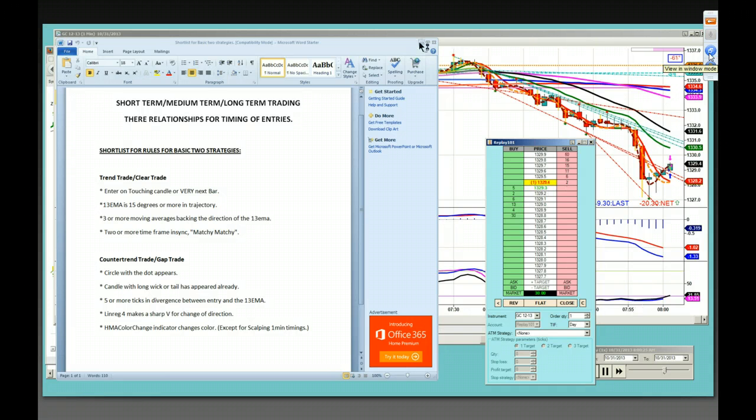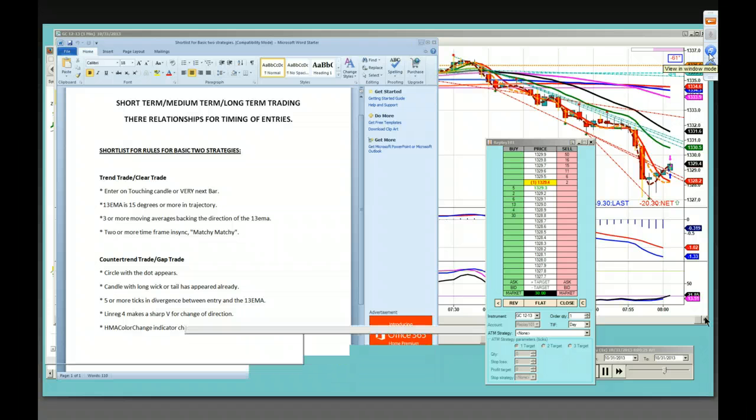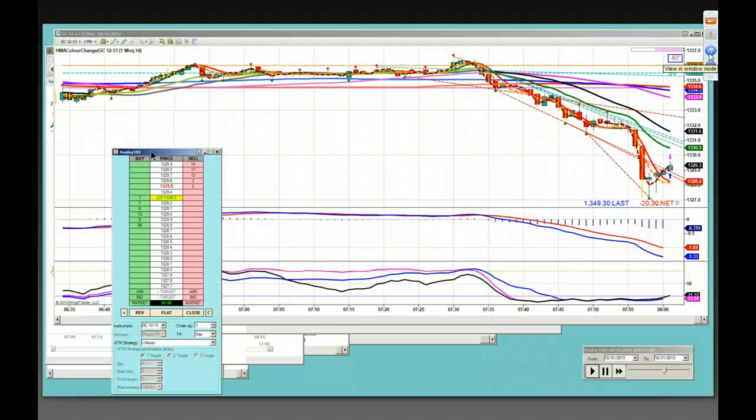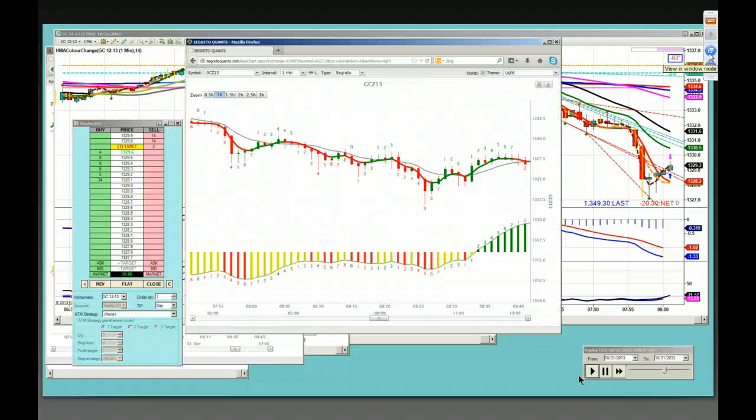Now, let's take a look at the Segredo for a second here. I can only look at a historical Segredo at the moment when I'm doing replay, because the Segredo is not on replay. So we're going to look at a static Segredo chart to see how this lines up.